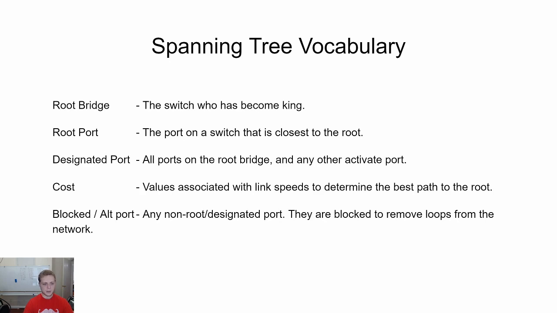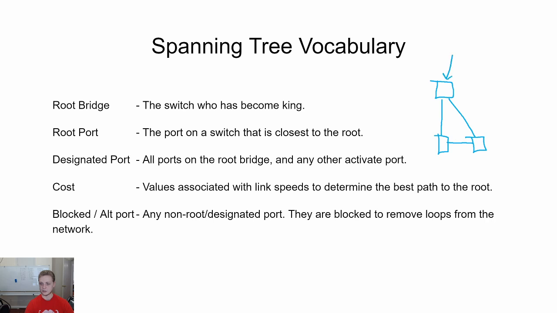So some vocabulary when we're talking about spanning tree. The root bridge is the switch that becomes king. The root bridge is where all of our switches want to go. For example, we have our 3-switch network here.